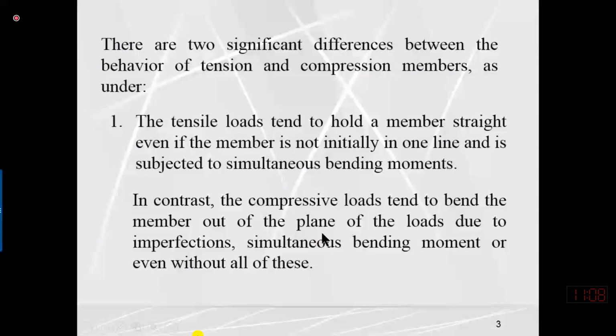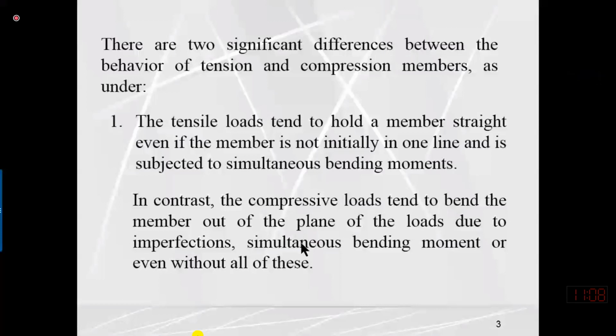Imperfection means that the load is not exactly passing through the center line, it has certain eccentricity, or the member is initially bent, or there is some camber within the member. Also if it is subjected to bending moment or lateral force along with compressive force, all these parameters reduce the compressive load carrying capacity substantially, which we need to evaluate properly.